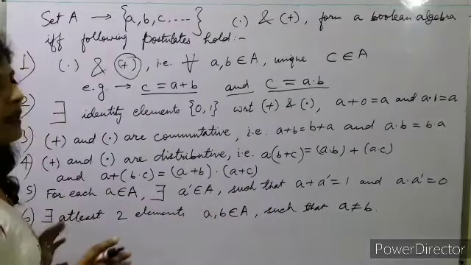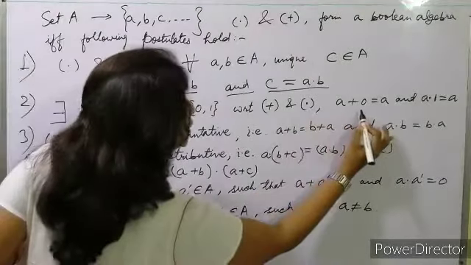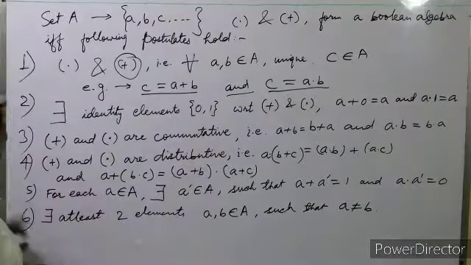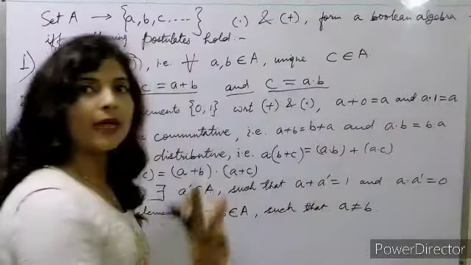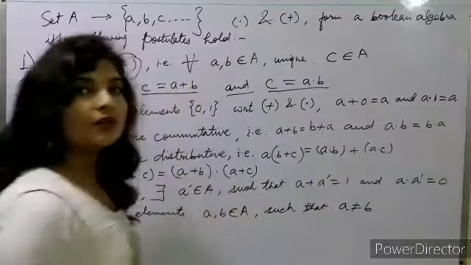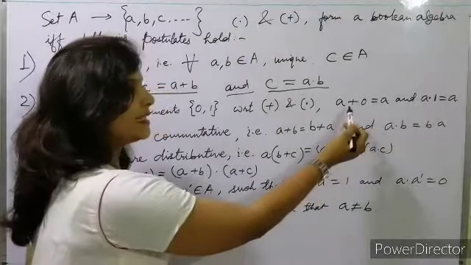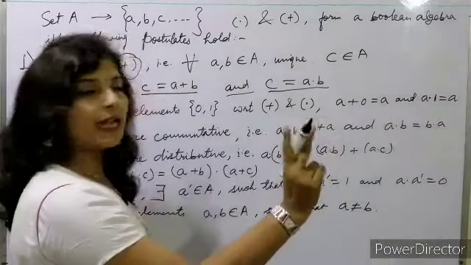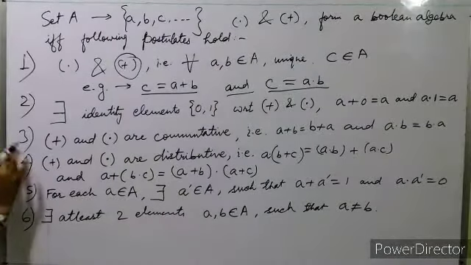The identity elements are a plus 0 is equal to a, and a multiplied by 1 is equal to a. Meaning whenever we add 0 to a we get a, and when we multiply a by 1 we get a. Next one, the third one.